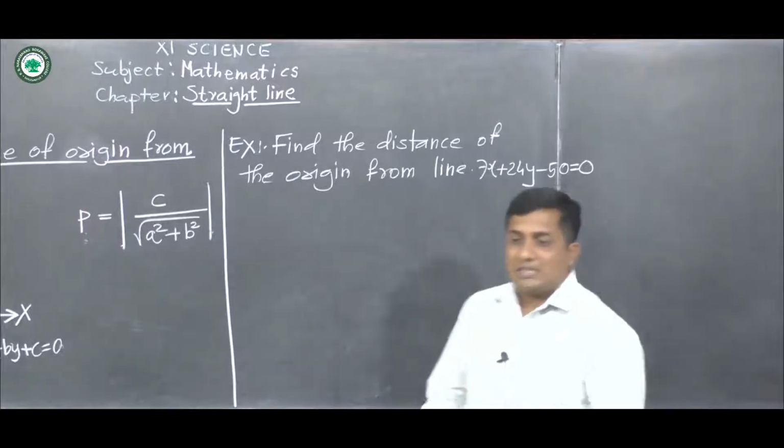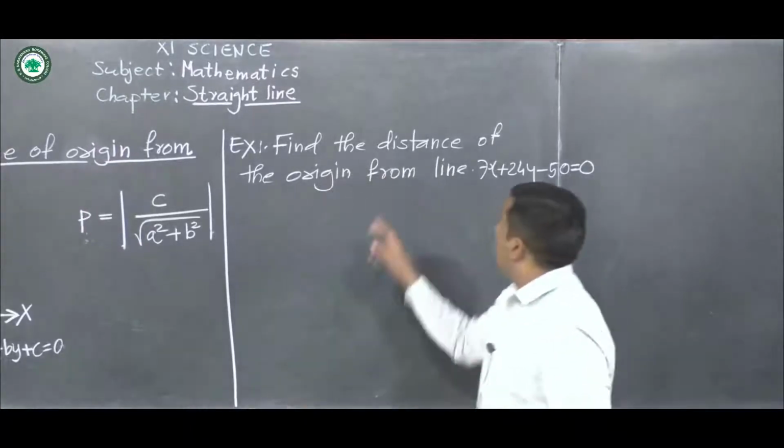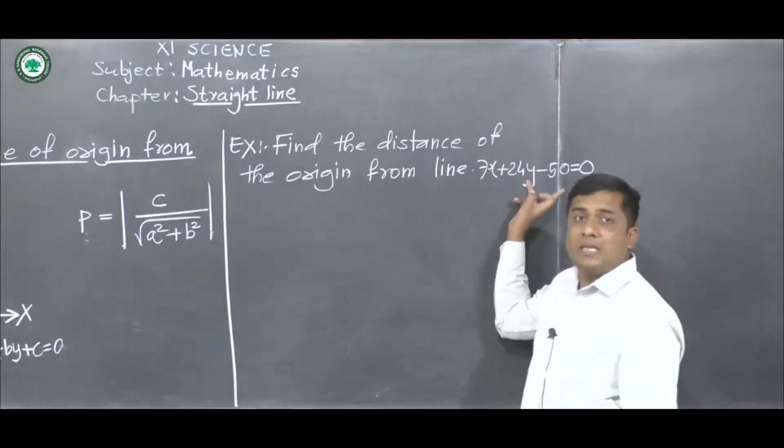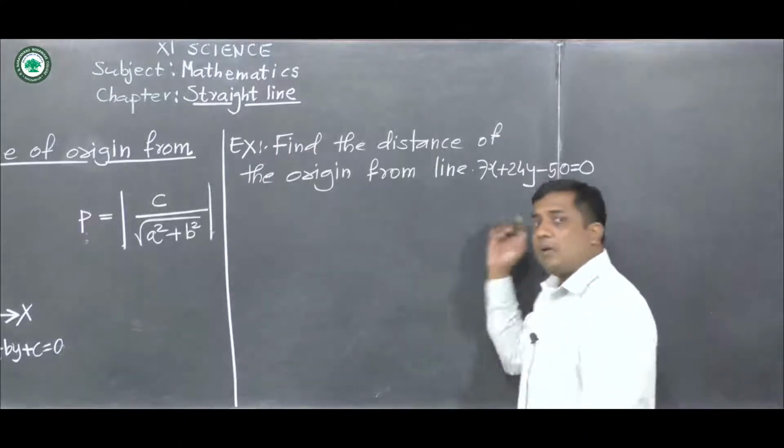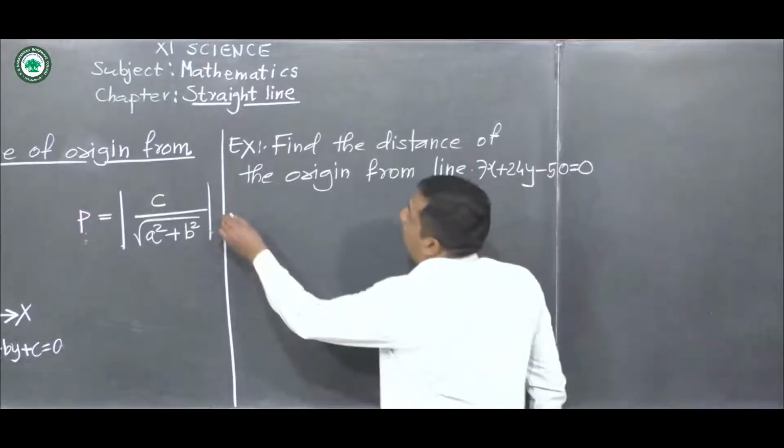And we know this line is in the form ax plus by plus c equal to 0. Okay, so we compare this equation with our general form.